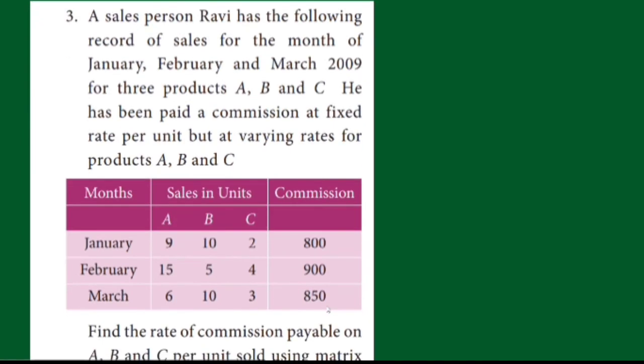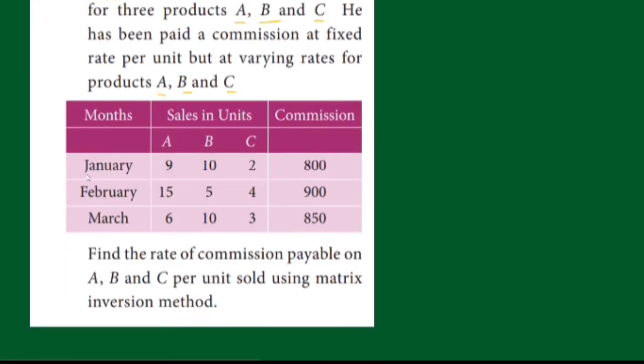So now is a word problem. A salesperson Ravi has the following record of sales for the month of January, February and March for 3 products A, B and C. He has been paid a commission at fixed rate per unit but at varying rates for the products A, B and C. So the months are given, Jan, February, March, and the sales given.